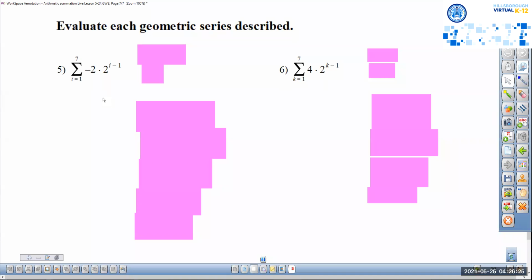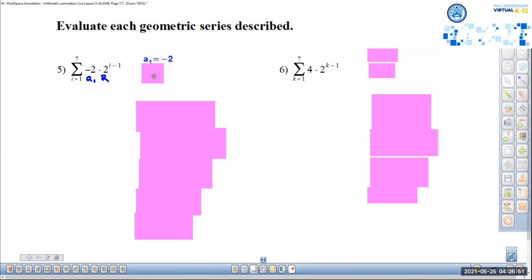I will double check, but I didn't see any in the lesson starting with anything other than 1, but you would do them just like we did the arithmetic, just use the geometric formulas. So our a sub 1 is -2 and our r is 1. To see if it's something other than 1, then you're going to have to plug in to get the first term.